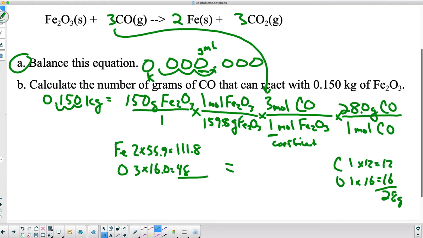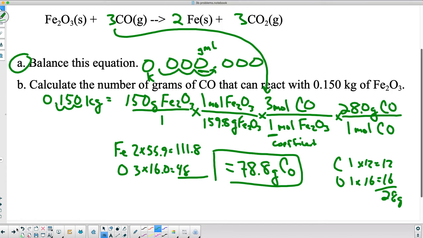So that's all going to equal what? So 150 divided by 159.8 equals, and then times 3, and then times 28. And that gives me a number of 78.8 grams of CO. That's letter B.